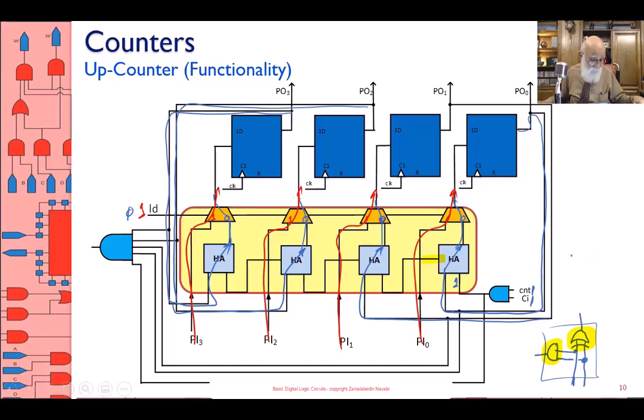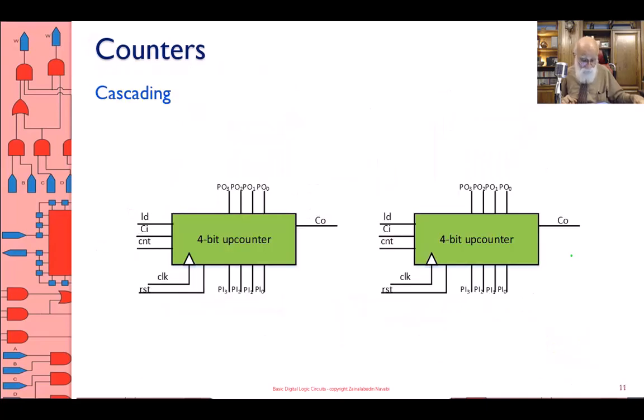All right, what do we have now? We have this counter built in two different fashions. Now let's do cascading of these counters. Cascading works like this. I start with 0, 0, 0, 0 on the left counter and 0, 0, 0, 0 on the right counter.